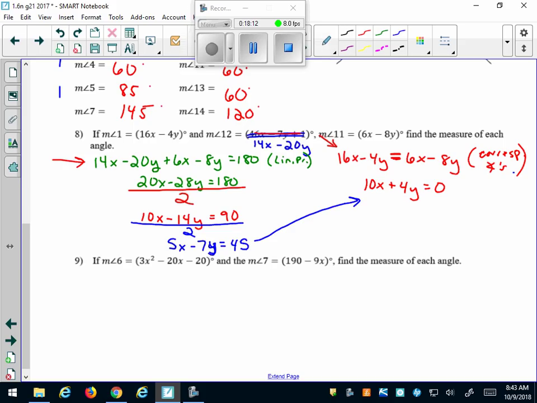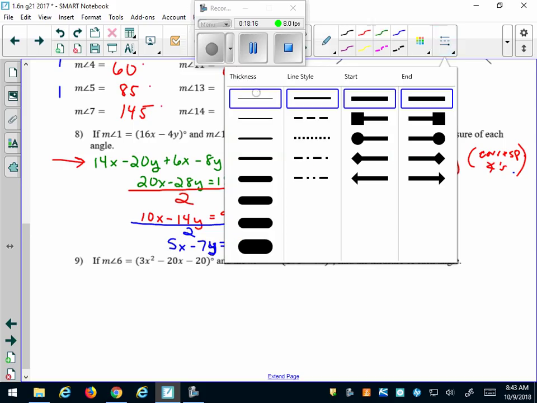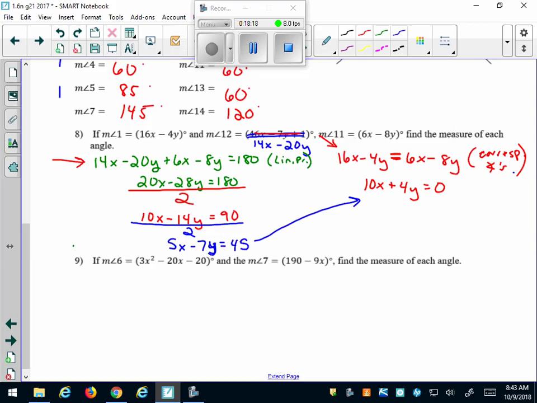I guess I should have left it with my 10x, because I wanted that. So I'm going to multiply this back through by negative 2 to get negative 10x plus 14y equals negative 90.